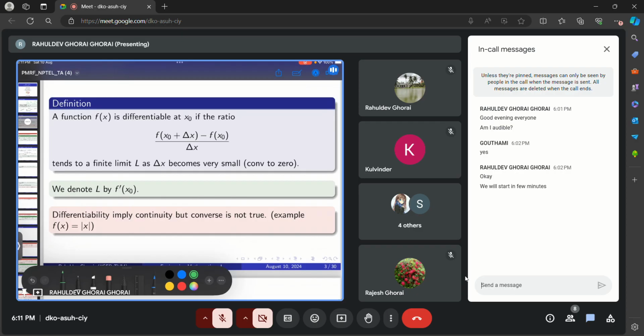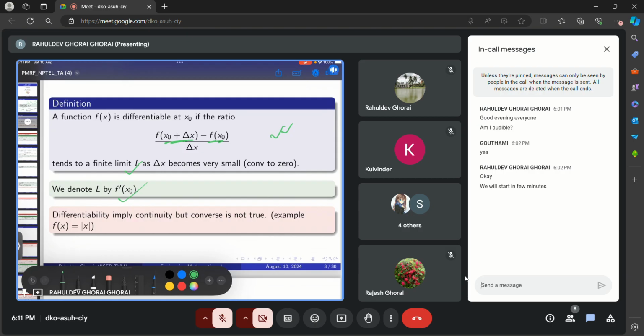If you remember this, you can do all the questions for one variable. If it is a finite limit L, then that limit is denoted by f prime of x naught, because at x naught we are finding this difference: f of x naught plus del x minus f of x naught, over del x.